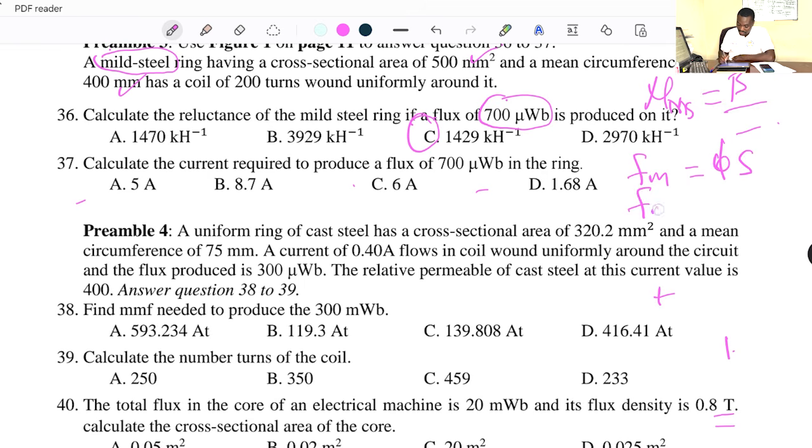And Fm is also equal to Ni. So if I'm interested in the current, it will be equal to Fm, which is magnetic flux times reluctance, over the number of turns, right?